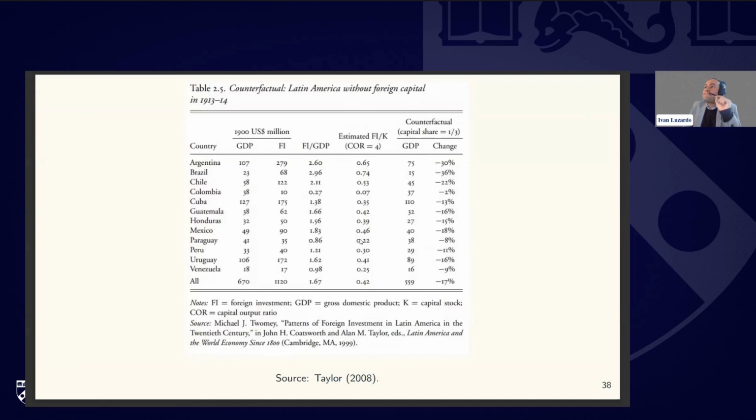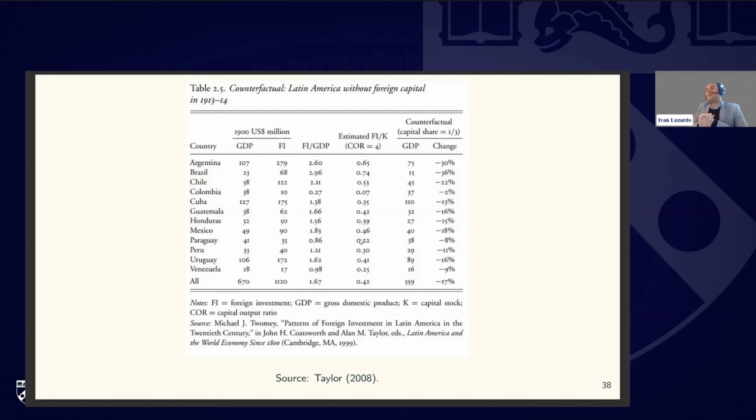We have this estimation by Alan Taylor about the actual impact of foreign investment in Latin America at the end of the first globalization. We mentioned before that I am assuming that globalization ended in Latin America later than in the rest of the world, but he considered the year before the First World War.